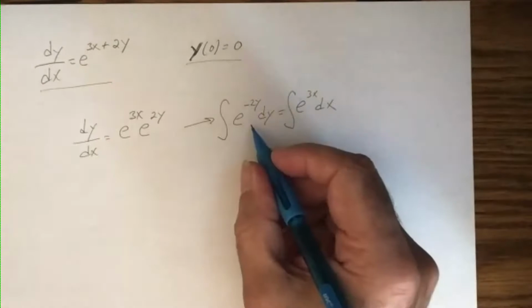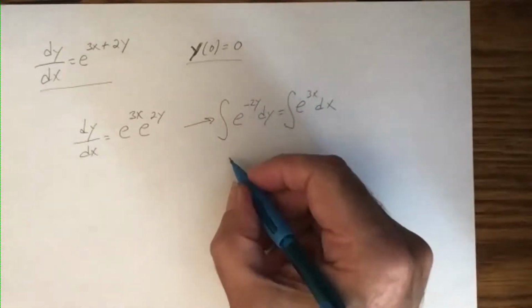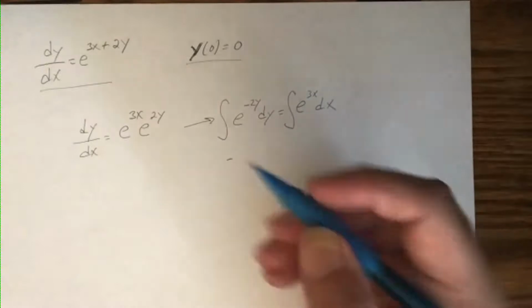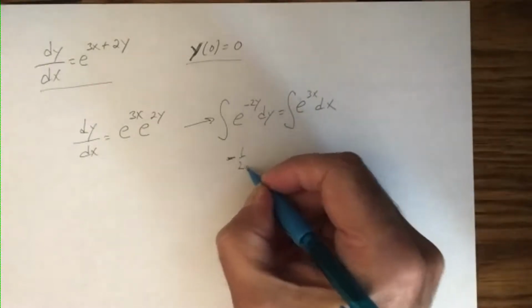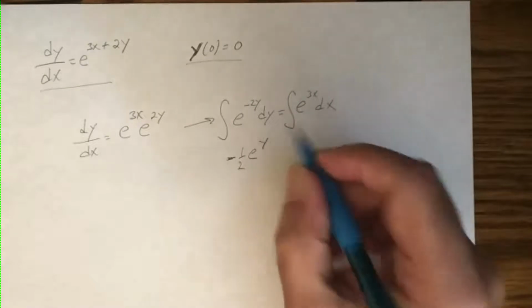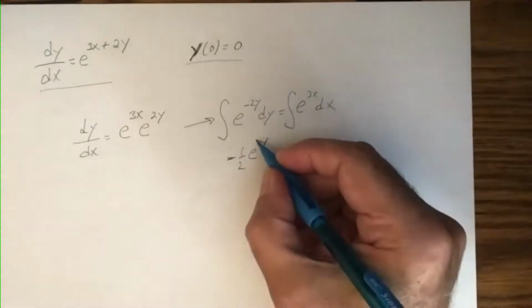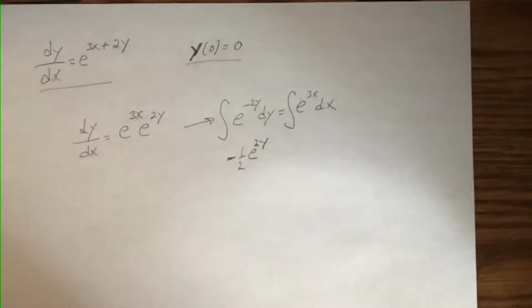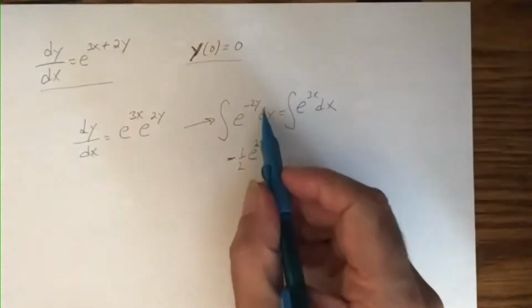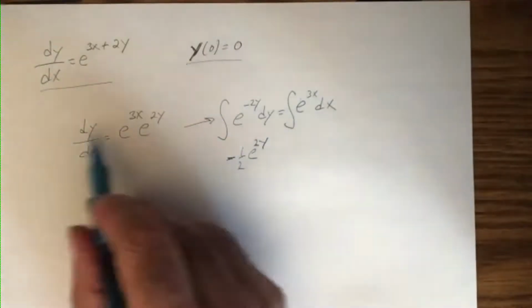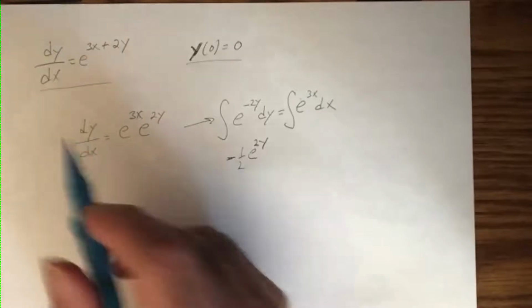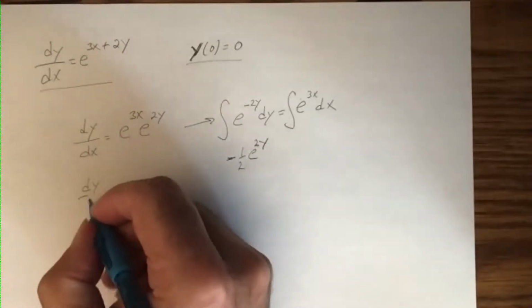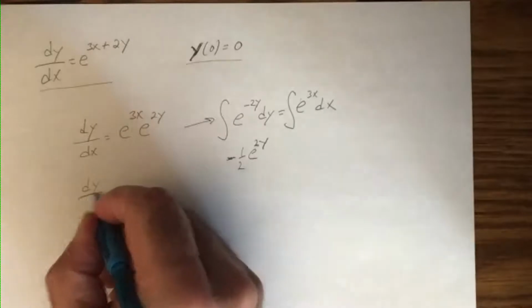And what is this going to become? When I integrate this, it is going to be minus 1/2 e to the 2y, because I got a 2 here. Professor, I'm sorry to interrupt. Is it the same thing as writing dy divided by e to the 2y? When I bring this over to the other side, this becomes negative over here.